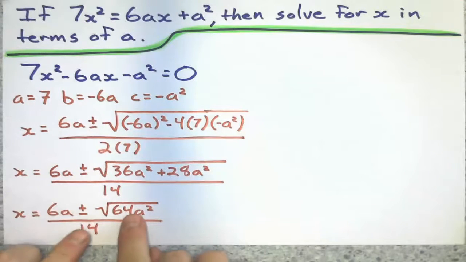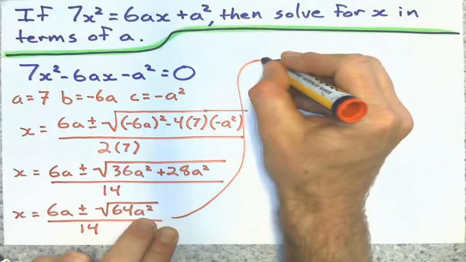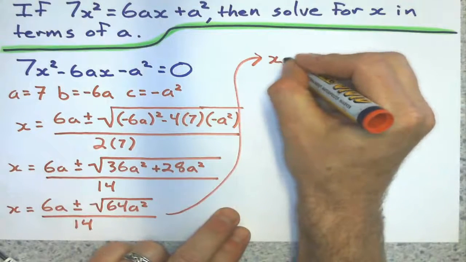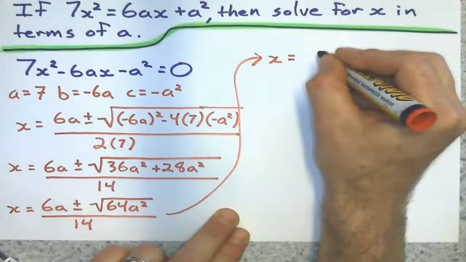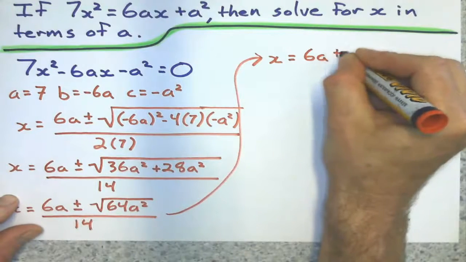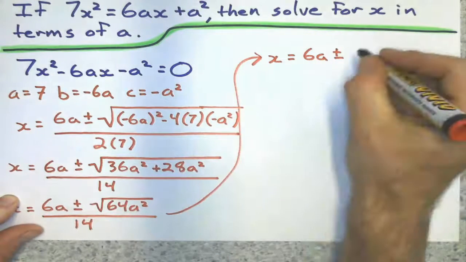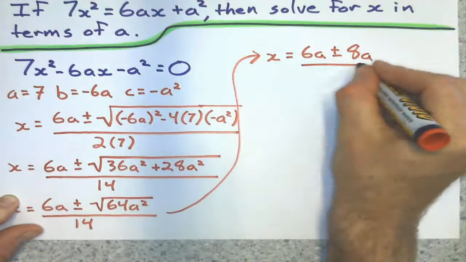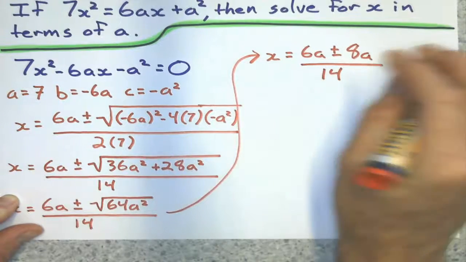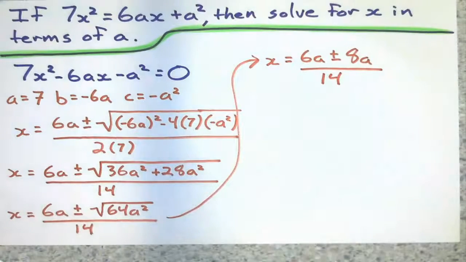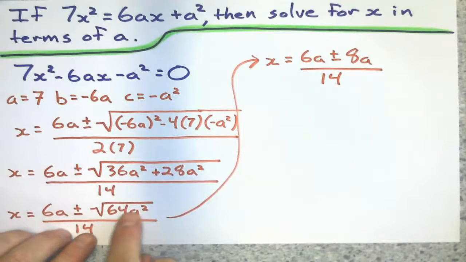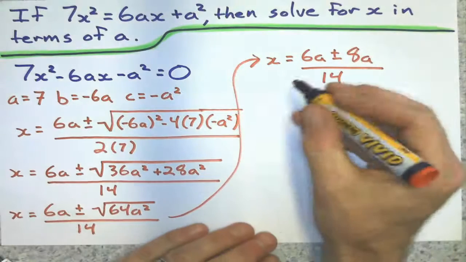In this case, the square root of that is a perfect square, 64a squared has an actual square root to it. 6a plus or minus, because the square root of 64 is 8, and the square root of a squared is a. Still over 14. Now I made up this problem, so this answer comes out clean, which means the fact that it came out to 64a squared will not always happen. That may or may not be the case all the time.